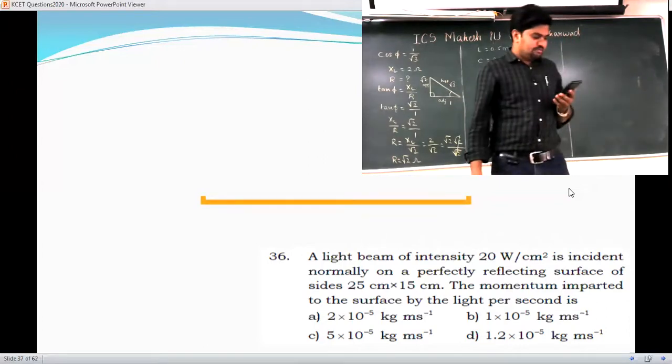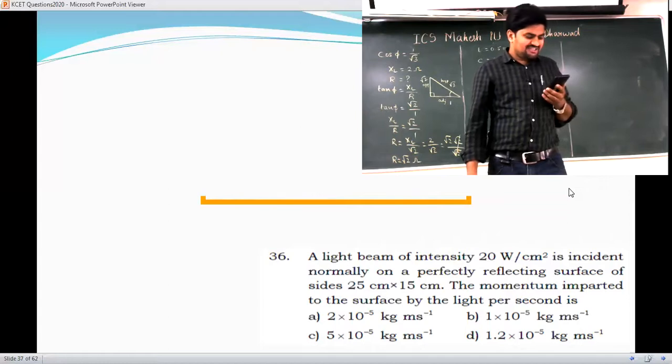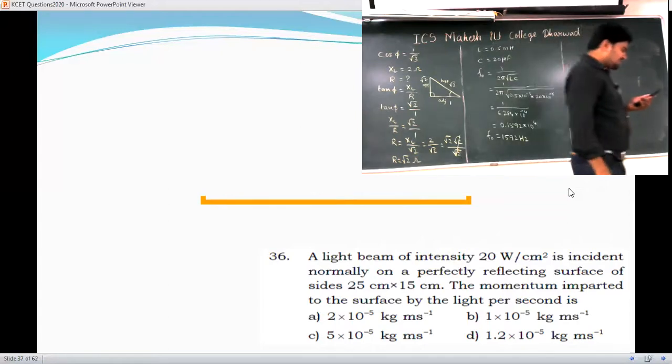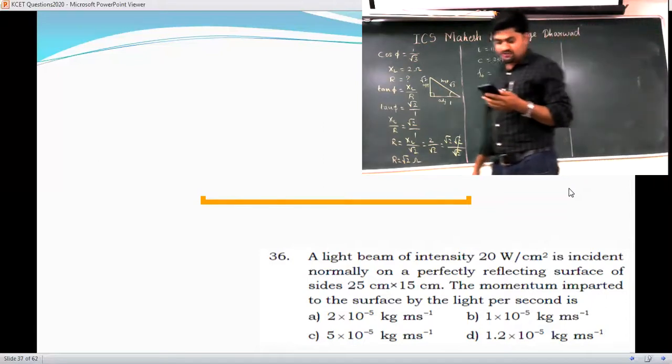A light beam of intensity 20 watt per centimeter square is incident normally on a perfectly reflecting surface of sides 25 centimeter into 15 centimeter.